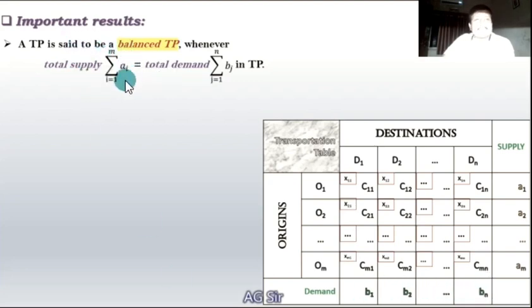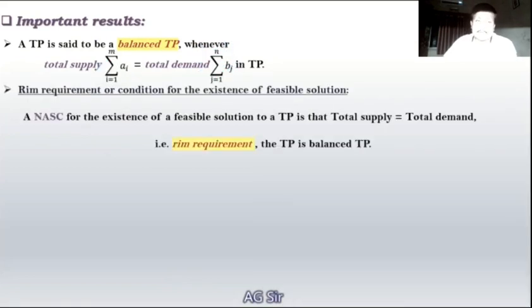Therefore, the sum of the supplies is exactly equal to the sum of the demands. The statement is that a necessary and sufficient condition for the existence of a feasible solution to a transportation problem is that total supply equals total demand. We call it the rim requirement, or the transportation problem has to be a balanced transportation problem.